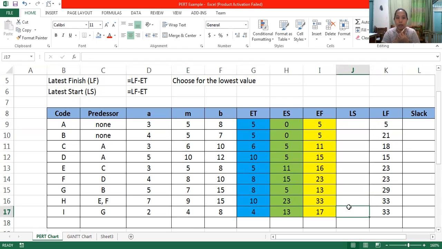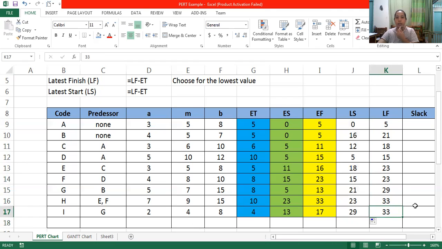Next we have the latest start. The latest start is LF minus ET, so equal sign, LF minus ET. Then simply autofill this one.